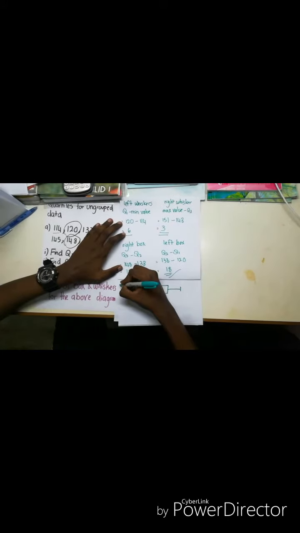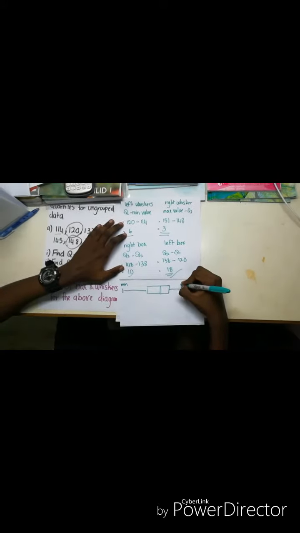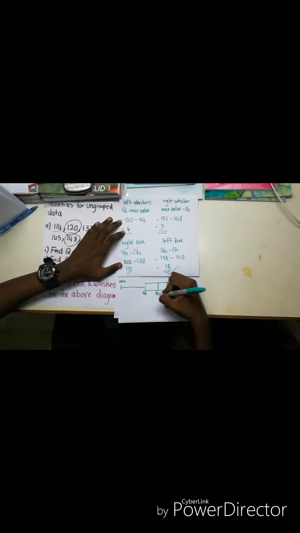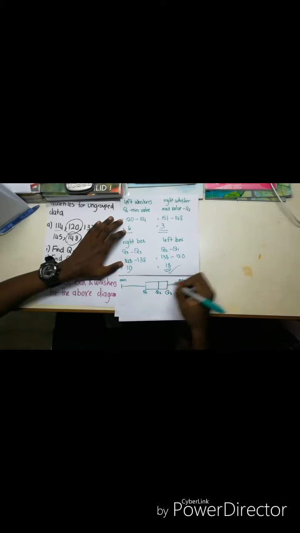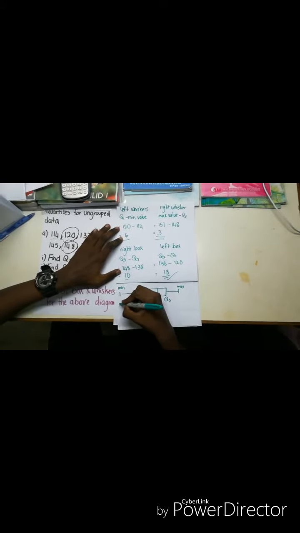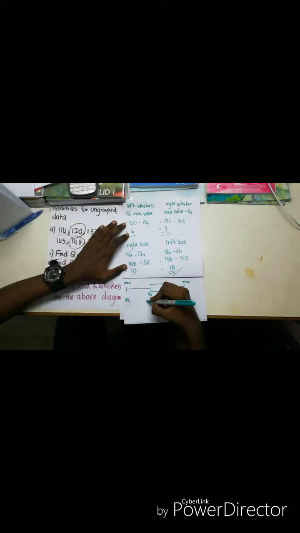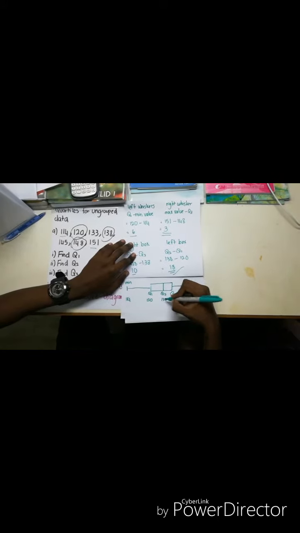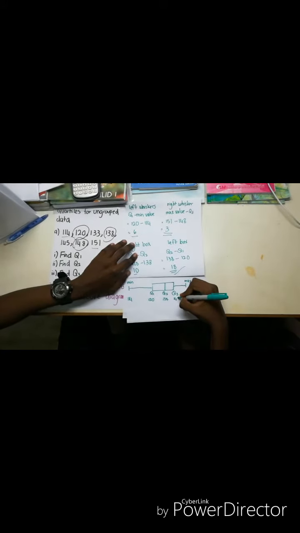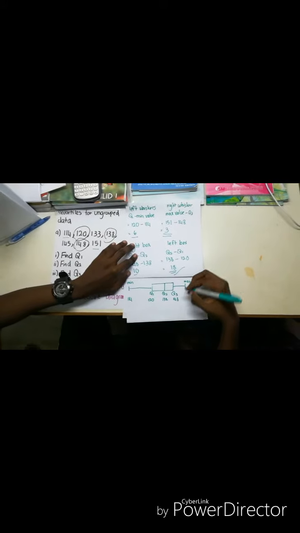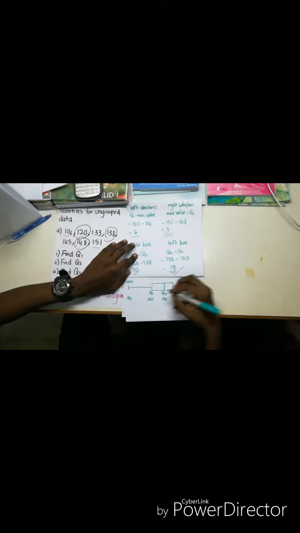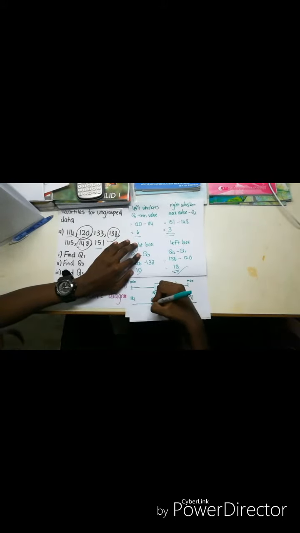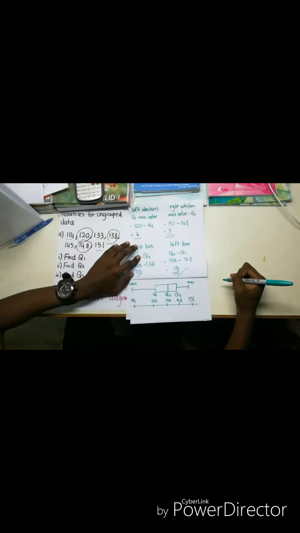So this is our minimum value, maximum value. Here we go, Q1, Q2, and Q3. So the minimum value is 114, Q1 is 120, Q2 is 138, Q3 is 148, and the maximum value is 151. Okay, this is how the box and whiskers look like. That's all.